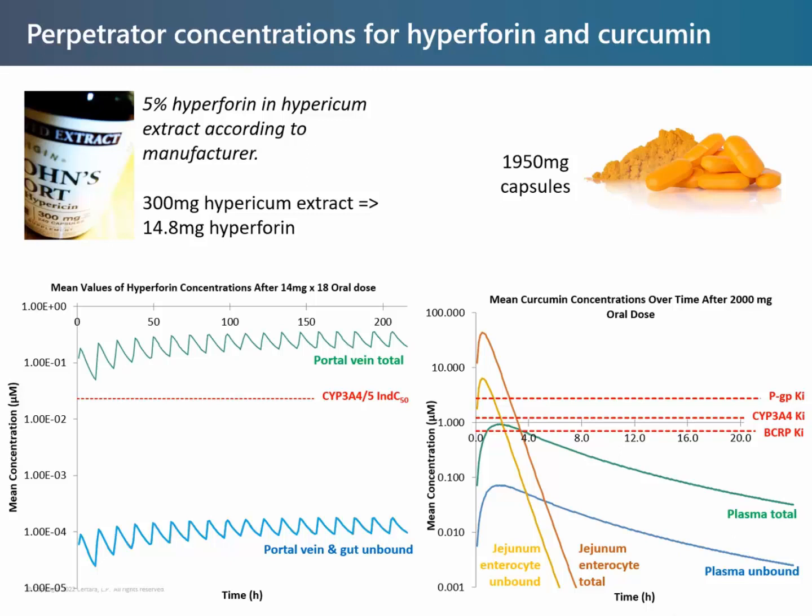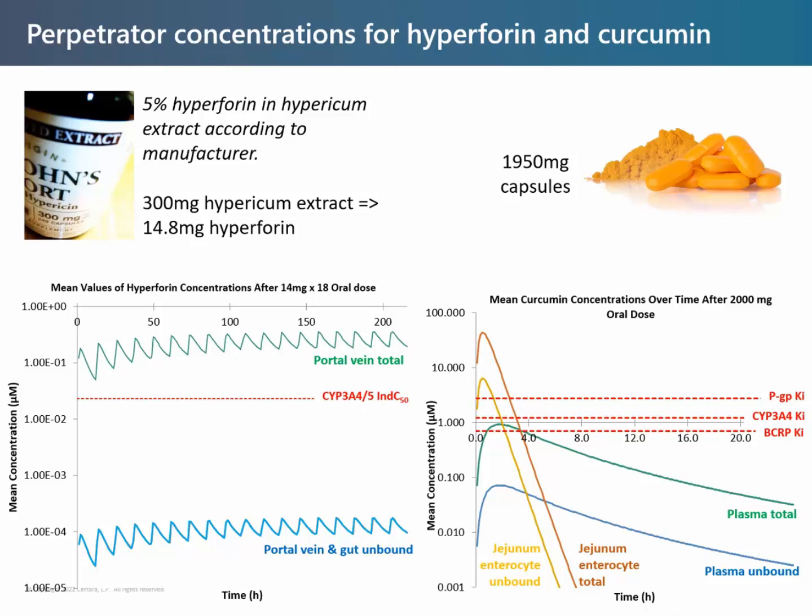So this is a piece of text that I've taken from a St. John's wort extract that was available commercially. And based on this kind of information from the manufacturer, we can then deduce a likely exposure scenario. So here you're looking at the PK profiles of hyperforin concentrations in different tissues or in circulation based on the manufacturer information.